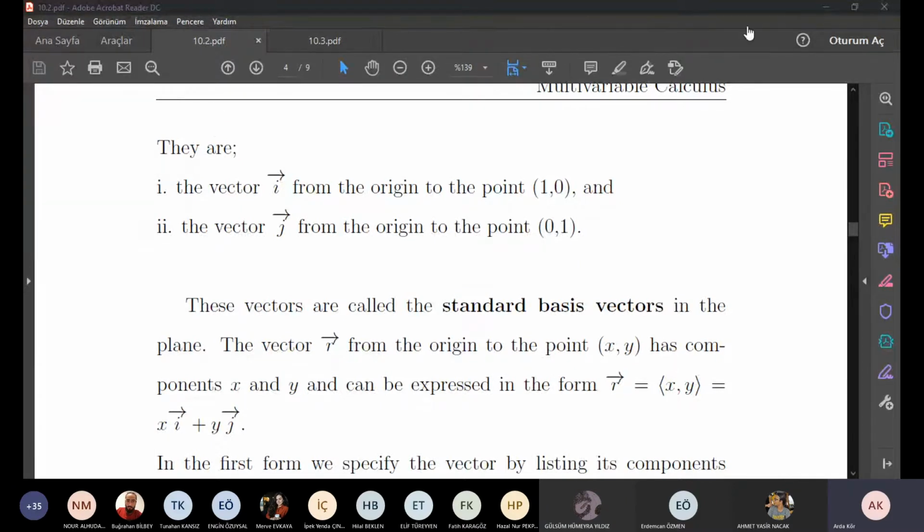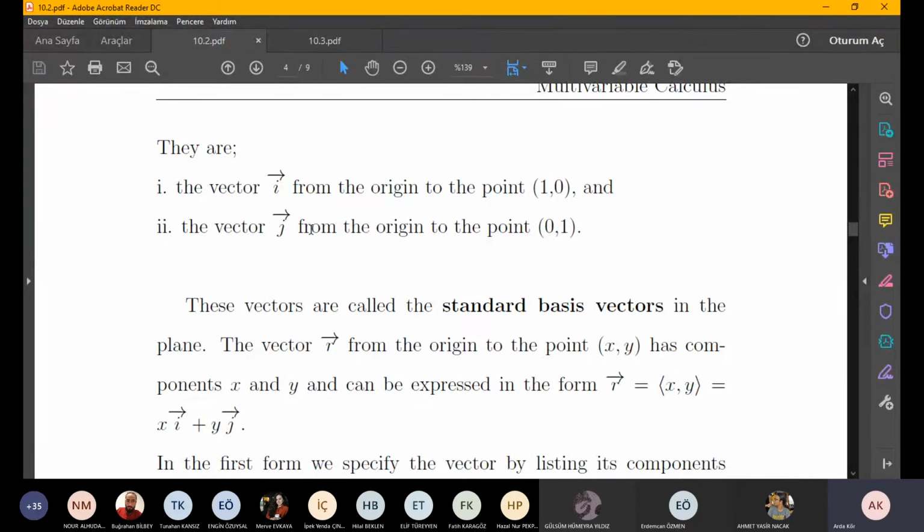So in R², in two-dimensional space, the standard basis vectors are i and j. i is the vector from the origin to the point (1, 0), and j is the vector from the origin to the point (0, 1).